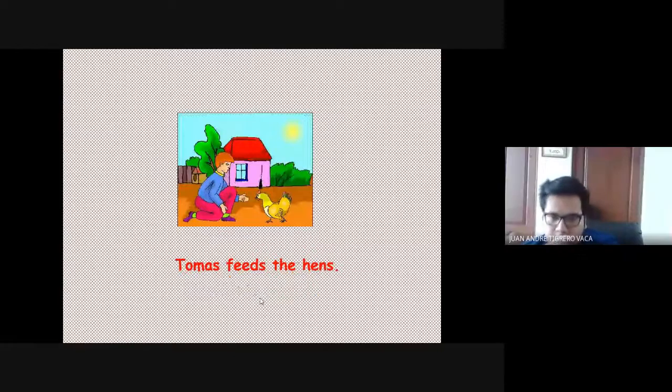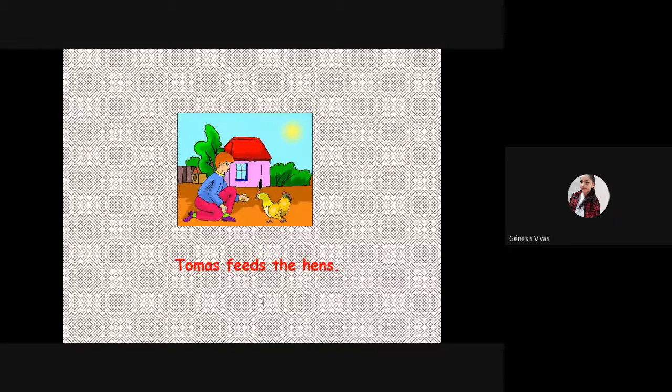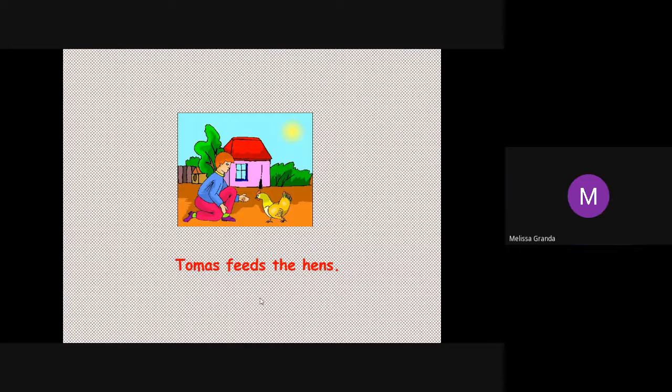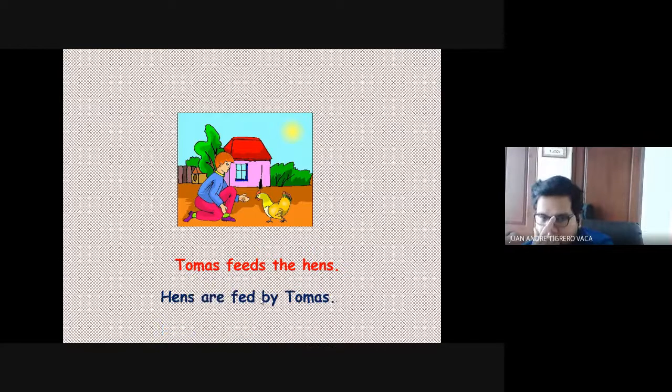Vamos con esta. Ok, this one, Teacher, it's a little bit tricky. Feed, it is an irregular verb. So how can you change it? The hens are fed by Thomas. Nice. Hens are fed by Thomas. Remember, it doesn't exist feeded or wherever. That's not correct.